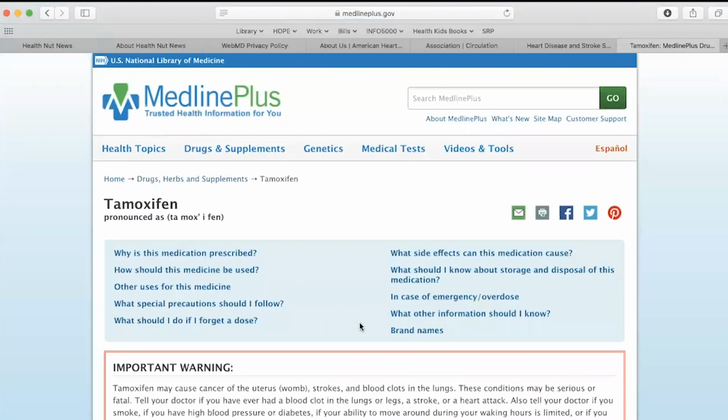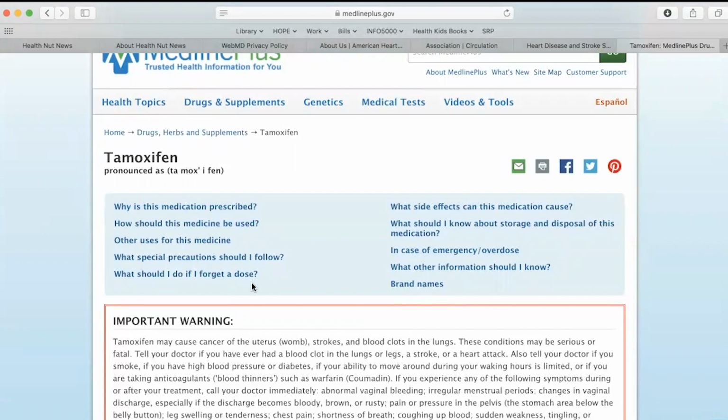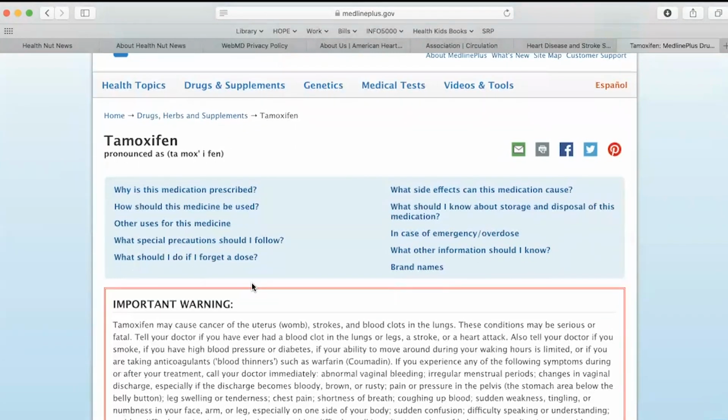Each one of these drugs, whether you search for it as a generic name or otherwise, clearly answers all of these questions as well for every single one. So if you want to know why it's being prescribed, how this should be used, your dose, what happens if you've forgotten a dose, any question you might have.